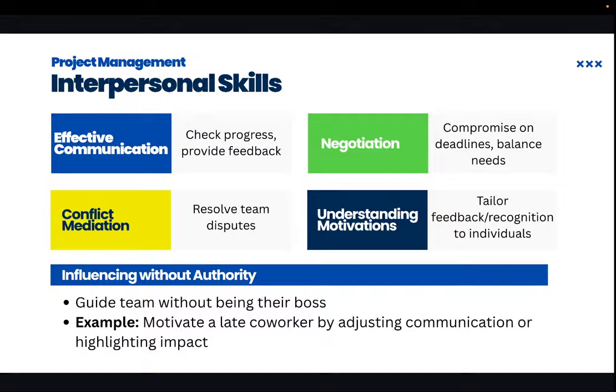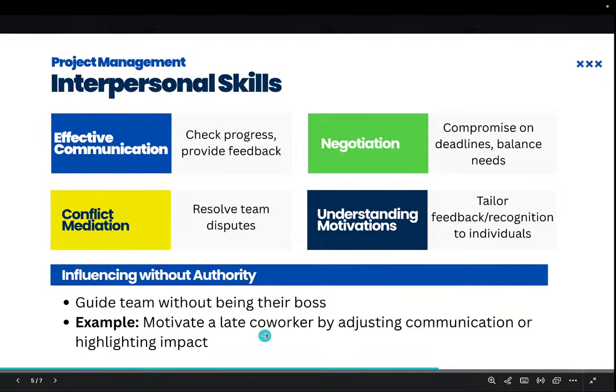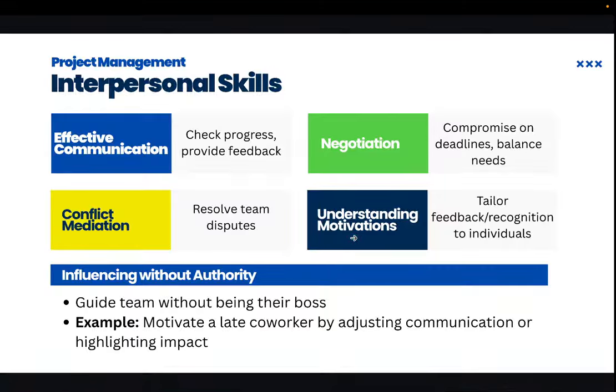Take note of that. For example, you need to motivate a late coworker by adjusting communication or highlighting impacts. That was why I mentioned that effective communication is a skill that is really good for you as a project manager.